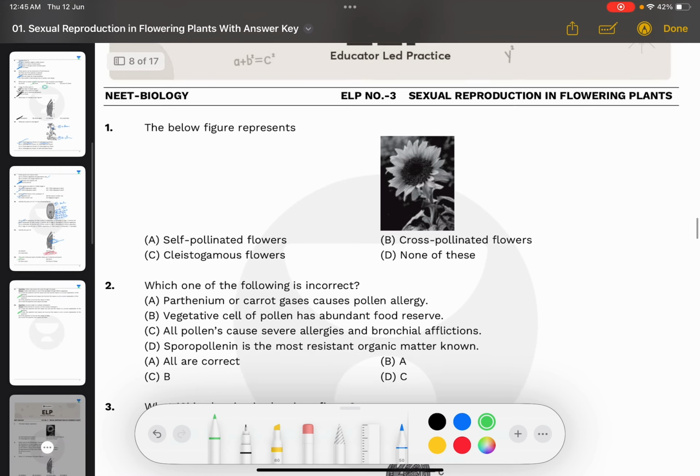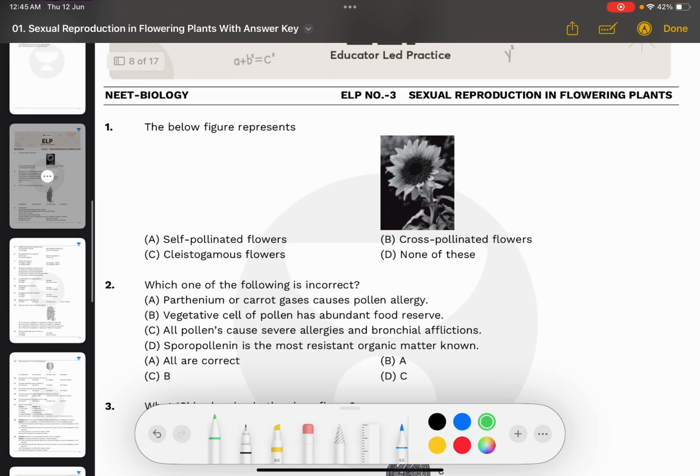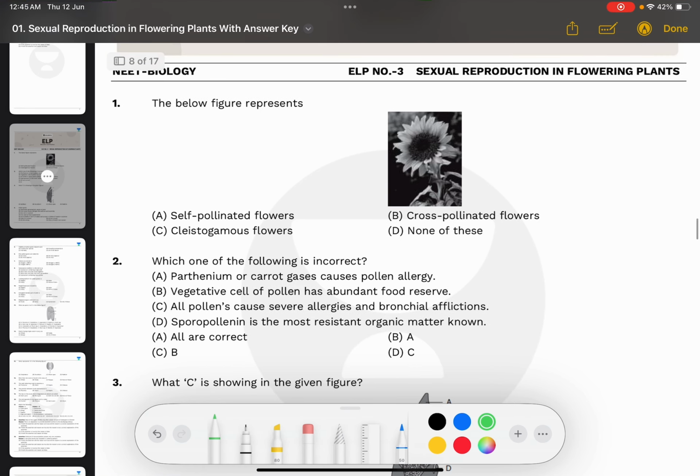The question says, the figure below represents what? This is what we call a sunflower, and sunflower shows what? Is it chasmogamous, cleistogamous, self-pollination or cross-pollination? Every time you have to remember that sunflower shows cross-pollination. Again I am repeating, sunflowers show cross-pollination.